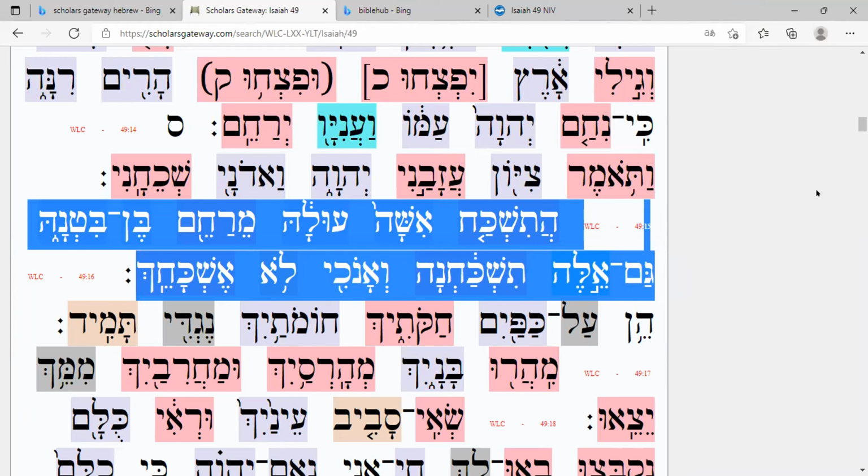And in the 16th verse, he says, Behold, I have graven thee upon the palm of my hand. Thy walls are continuously before me. Hen al kapaim. Kapaim means hand. Hakotik means engraved. I have engraved you.